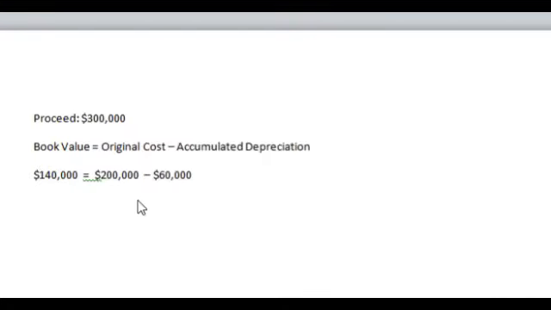It is the original cost minus accumulated depreciation. So in this case, if you had an original cost of 200,000, and so far you had accumulated depreciation of 60,000, then you would have a book value of 140, right?